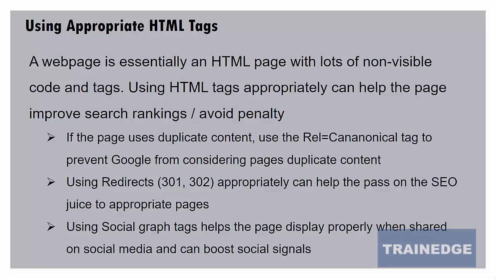Again, the title, the image, and the description that get displayed have huge impact on whether people click on it and how many people end up sharing it. So a well-written social graph tag can actually increase social sharing, increase discovery of your content, can help drive more people to your website, and can help attract more backlinks because more people will be able to discover your content.